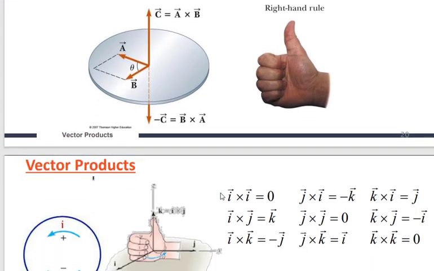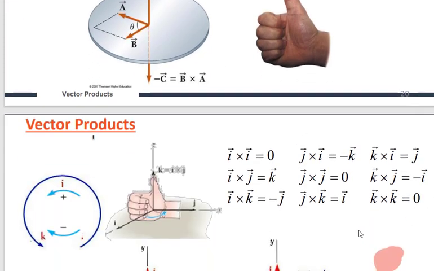We will understand this one in terms of i, j, k. Please remember this one. If you use the right hand rule, i cross j gives k, j cross k gives i, and k cross i gives j. If you go from j cross k you get i, you follow the clockwise direction.